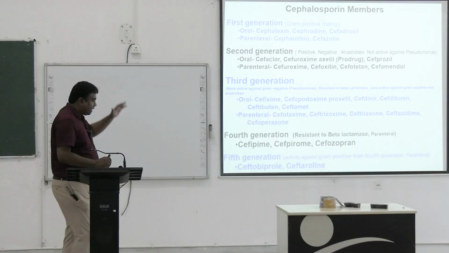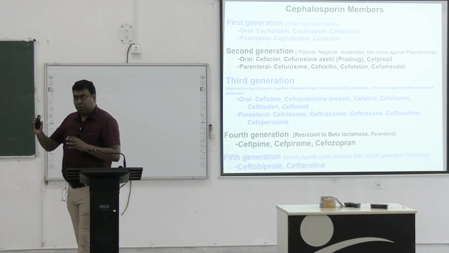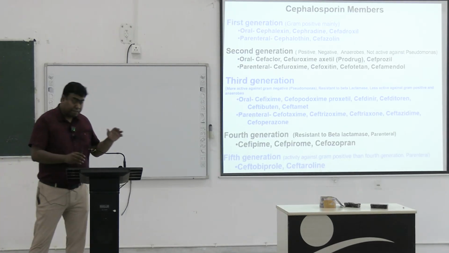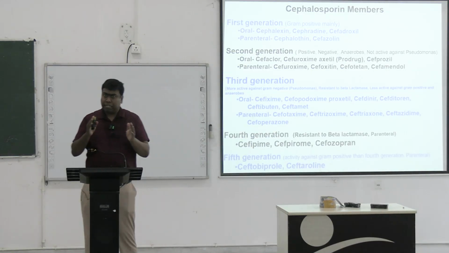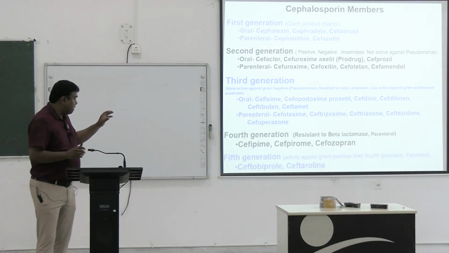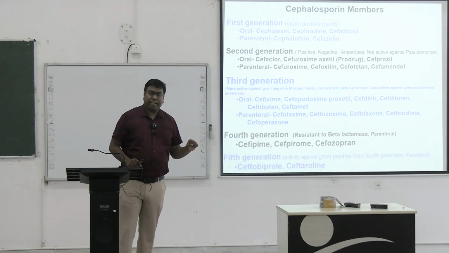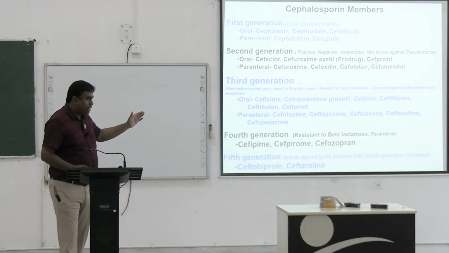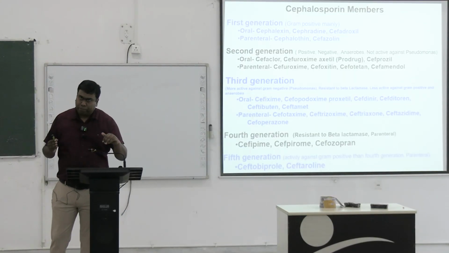And characteristics: first one is gram-positive, second one gram-positive plus gram-negative, third generation shifting towards the gram-negative, less gram-positive, including pseudomonas by some. Then fourth generation, they are more active against beta-lactamase and then fifth generation again comes covering the gram-positive one.